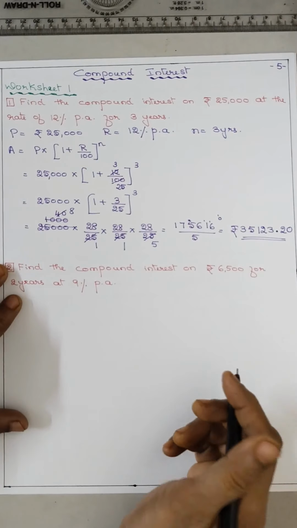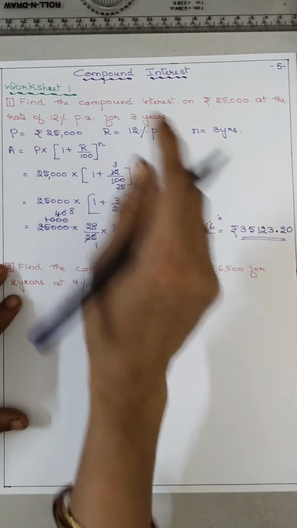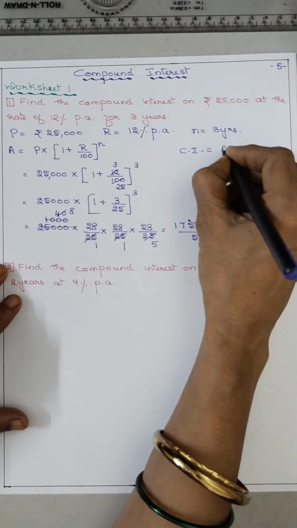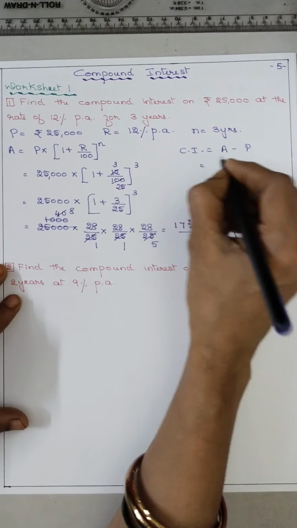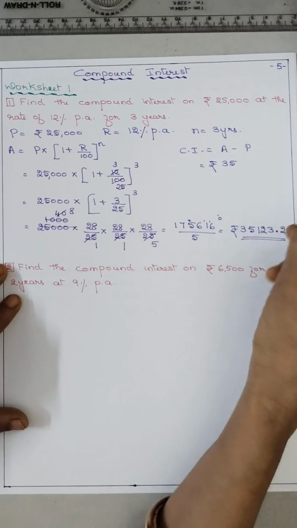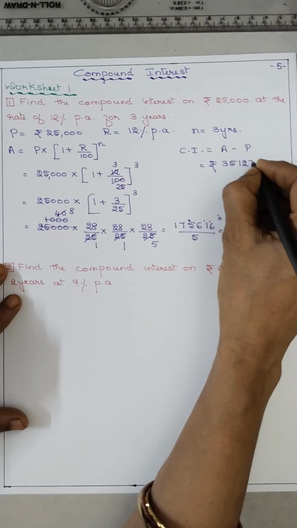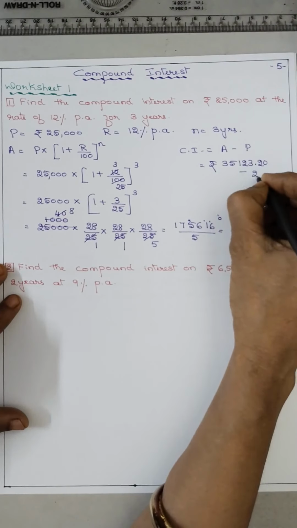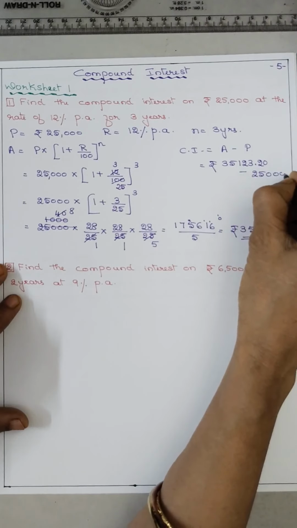So you got the amount. Now they have asked you to find out CI is equal to amount minus principal. The amount you got is 35,123.20 minus 25,000.